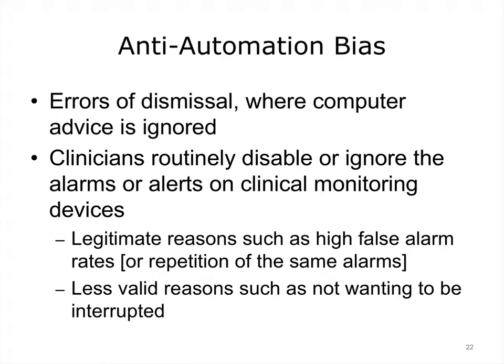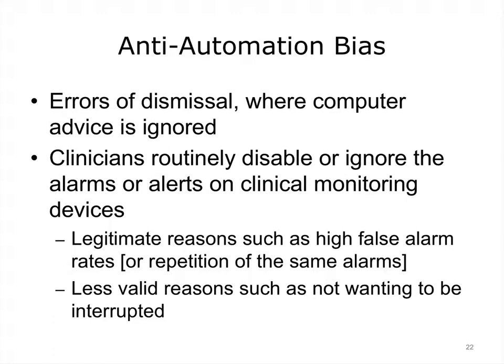The opposite of automation bias is an anti-automation bias, which is characterized by a distrust or disdain for computer advice, such as alerts and reminders. This often leads to advice being ignored. Clinicians routinely disable or ignore the alarms and alerts that clinical monitoring devices have. Sometimes the reasons are legitimate.